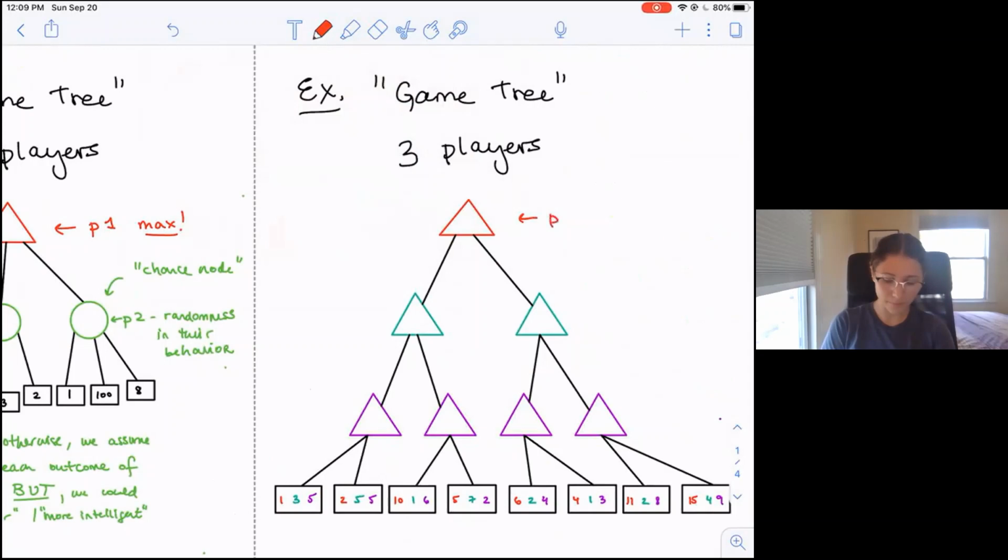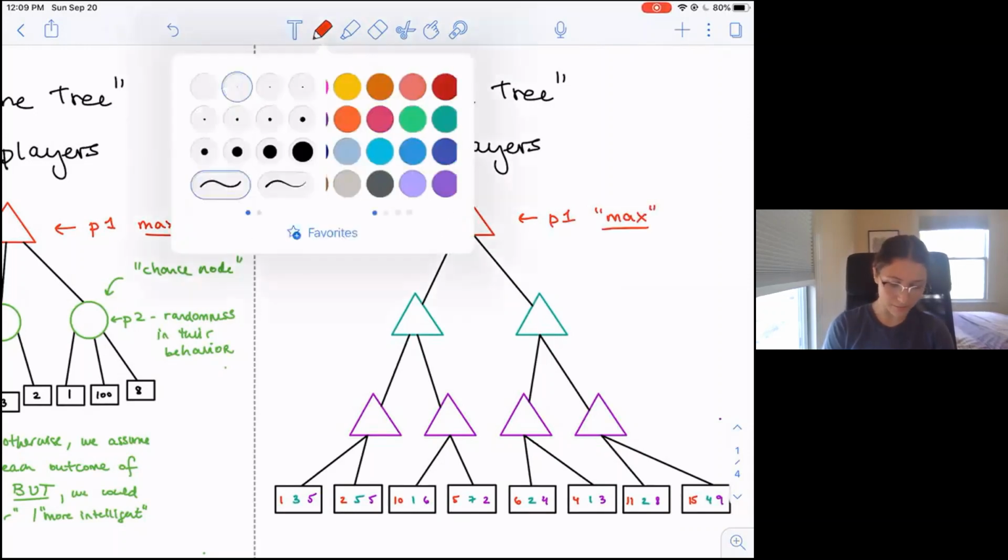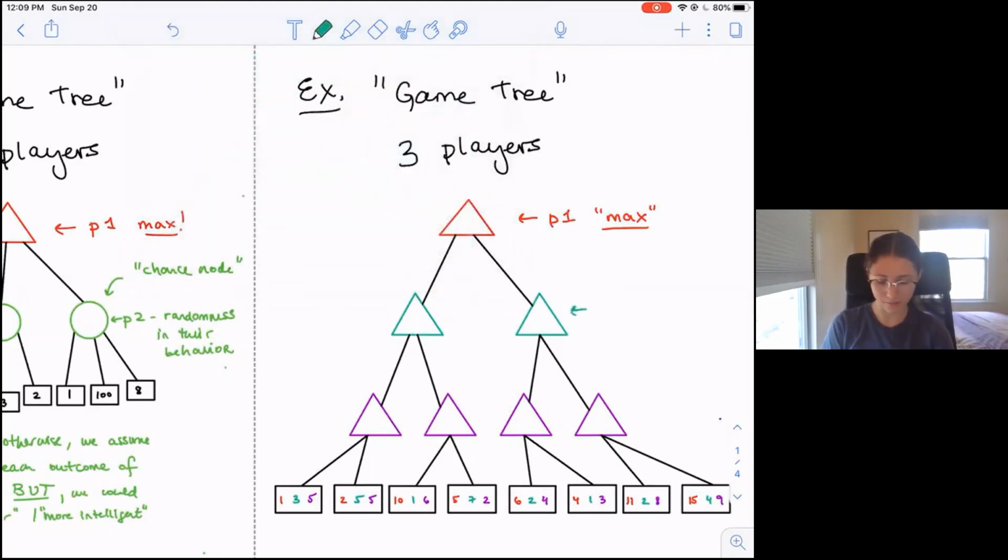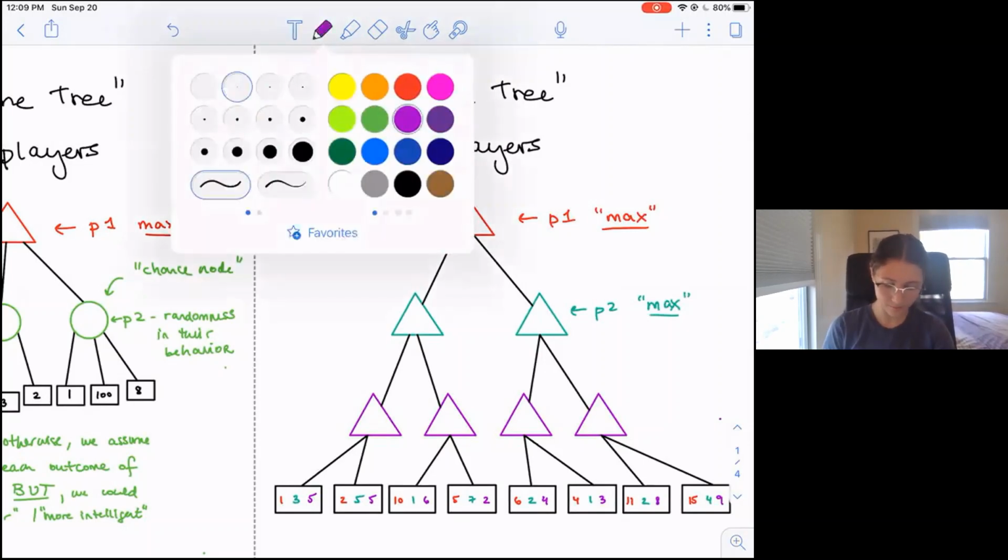So here we have player 1. Because we see this upward facing triangle, that means that player 1 is trying to maximize. And interestingly enough, player 2 here, again, is also trying to maximize, as is player 3 in purple here as well.